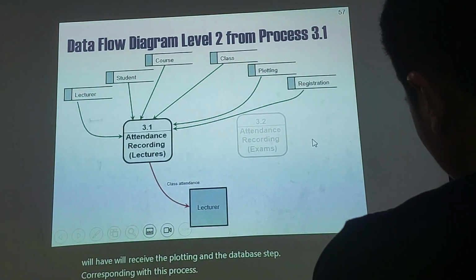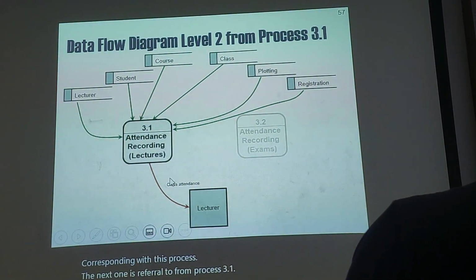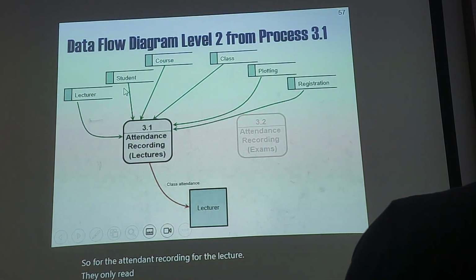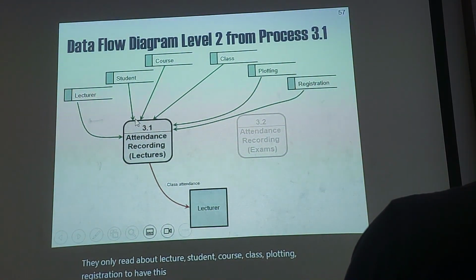The next one is level 2 from process 3.1. So for the attendance recording for the lecture, they only read about lecture, student, course, class, plotting and registration to produce this one and give it to the lecture.